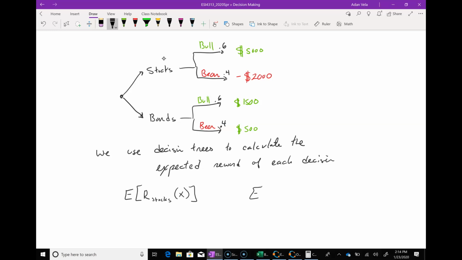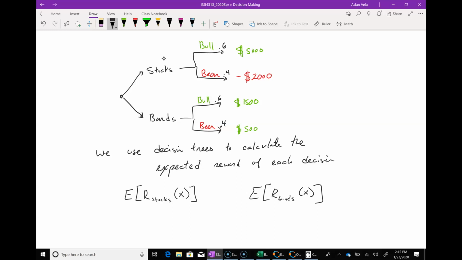And what is the expected reward if we invest in bonds? When we're taking expectations, we take the expectation against some randomness. So what's the randomness here? The market, right? Whether it's a bull or a bear.